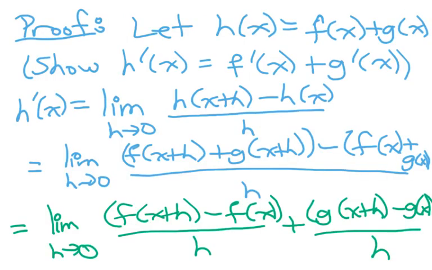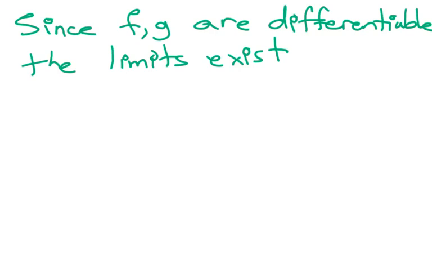Which means, using our limit laws, we're allowed to split this up into one limit plus another limit. But that was one of our limit laws that only works if we're dealing with functions whose limits exist.